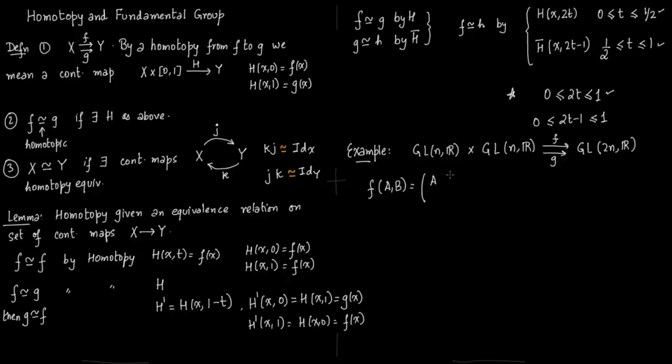We are given F of A, B as the following matrix and G of A, B as the following matrix. So the homotopy is, if you put t as 0, you will get F. If you put t as 1, you will get G. So this is the homotopy.